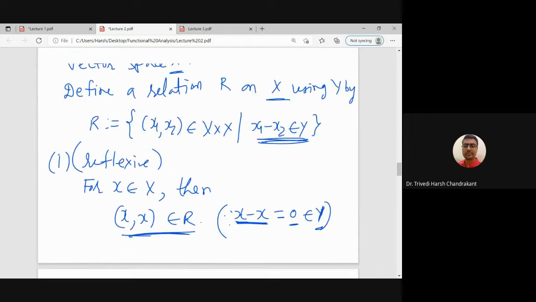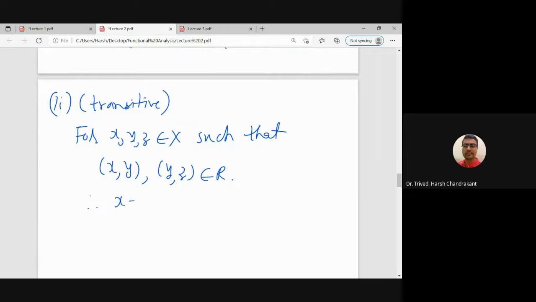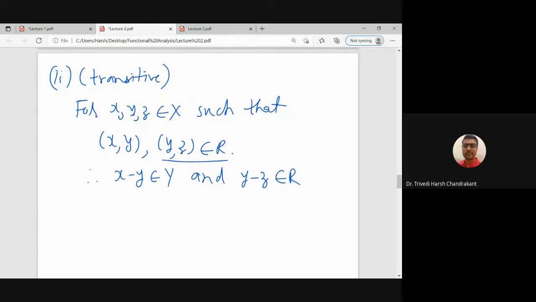By definition of the relation, (x, y) belongs to R means the difference is in Y, so x minus y belongs to capital Y, and (y, z) belongs to R means again the difference, y minus z, belongs to capital Y. Now to show transitive, what we need to show?